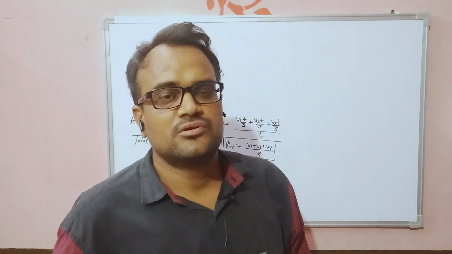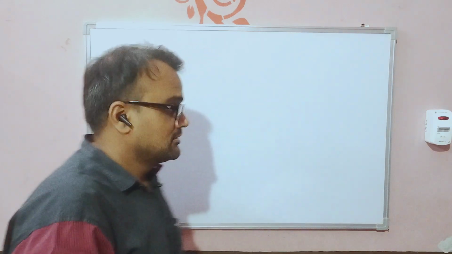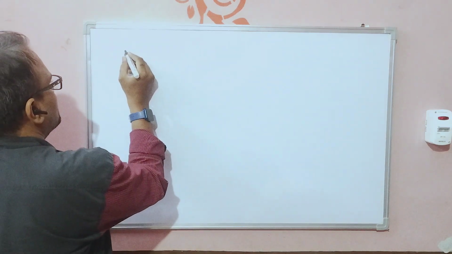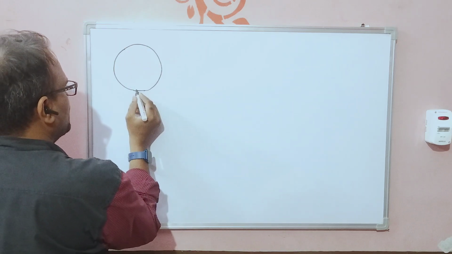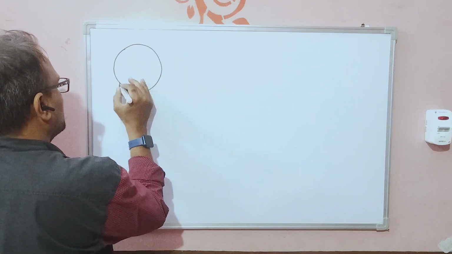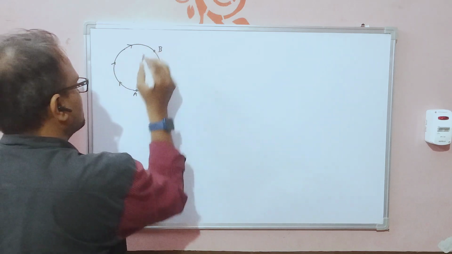Now it is the time to discuss the solution of quiz number 1, which question number 1 of quiz first is, an object starts moving from point A along this path, and it stops here.